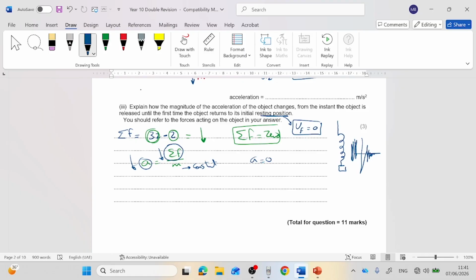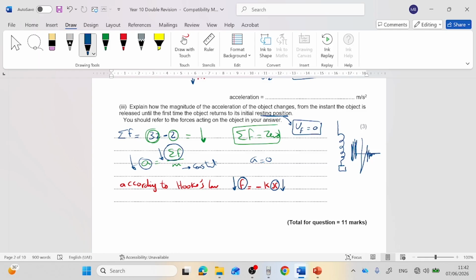So how can we explain this? We can say, according to Hooke's law, the restoring force is equal to negative kx. So as you can see, the extension of the spring decreases, and the net force acting on the spring decreases, but its weight is constant.